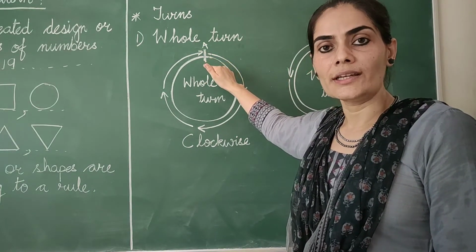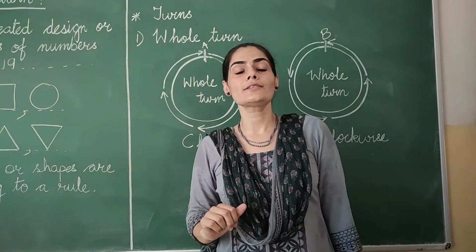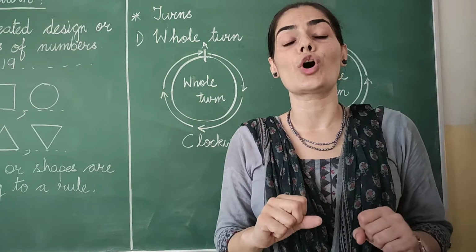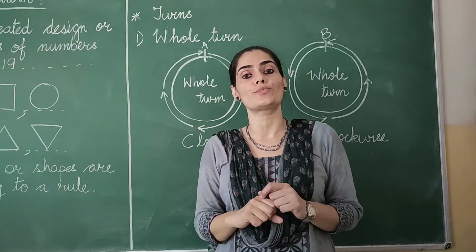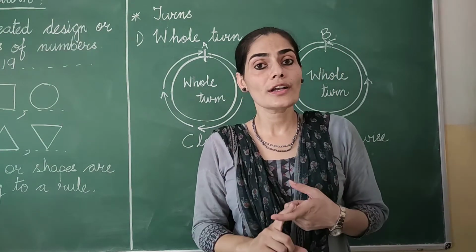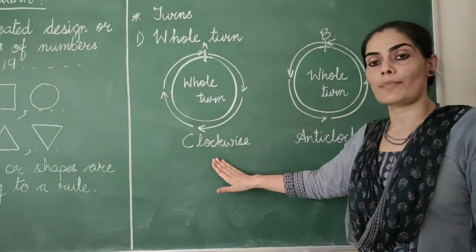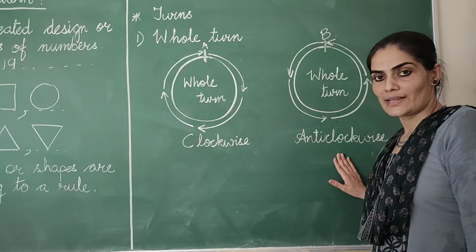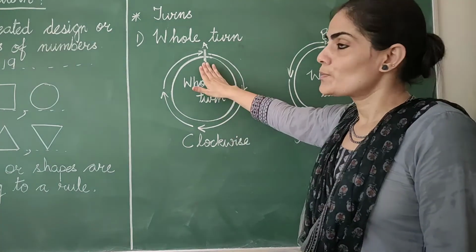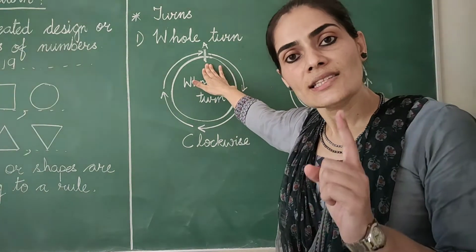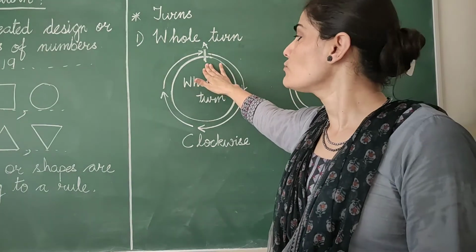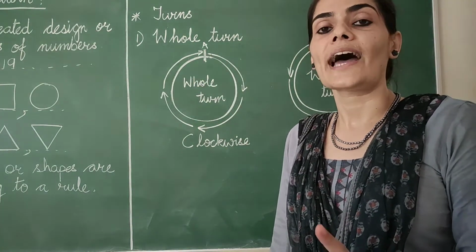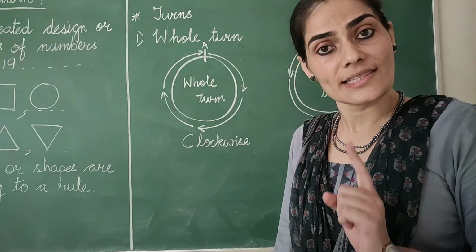Fine, everybody. Now, along with turns, you need to have knowledge about the movement of the object. In which direction is the object moving? So, for that, you need to learn about clockwise turn and anti-clockwise turn. When the object moves in the same direction as the movement of the hands of a clock, we say that it is clockwise turn.